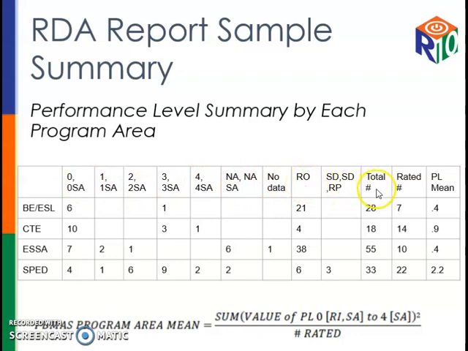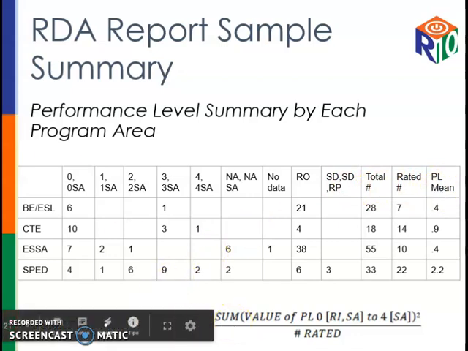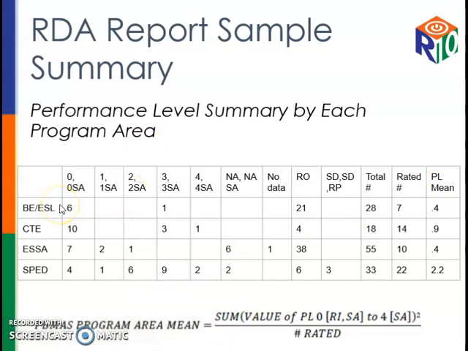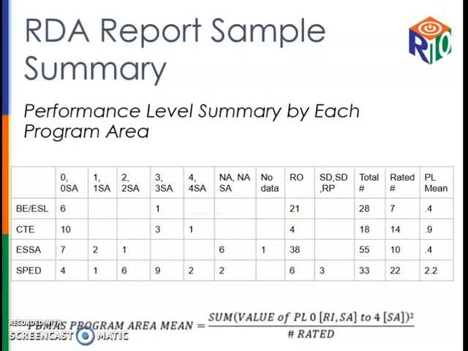Then you have the total number and the rated number, and then you have the performance level mean, which is that formula below. So, as you can see, they have a 6 for 0 performance level. They have a 1 under the 3 performance level, and they have a total number of 21 report only. And they have a total number of 28 indicators and 7 indicators that were rated.